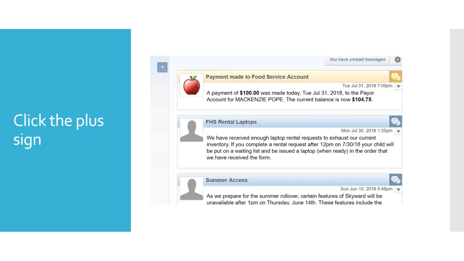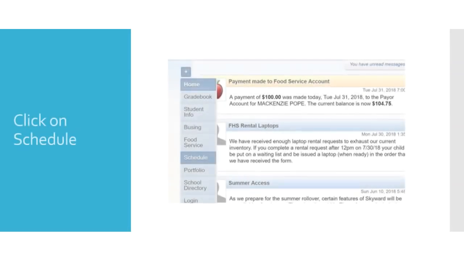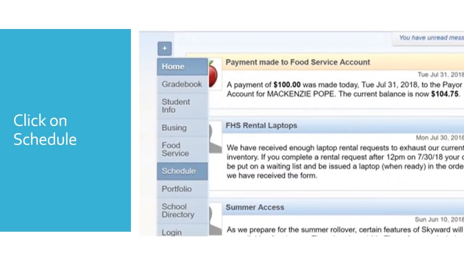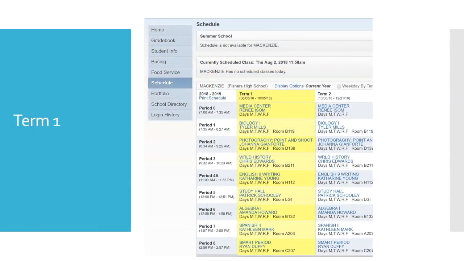Once you're into Skyward, hit the plus sign towards the left-hand margin to access your schedule. You will see Schedule towards the middle of the menu. You should see your most current schedule in the Term 1 column that is highlighted.